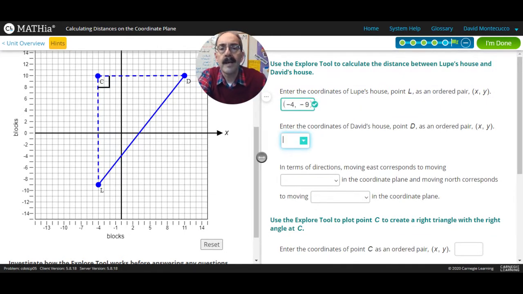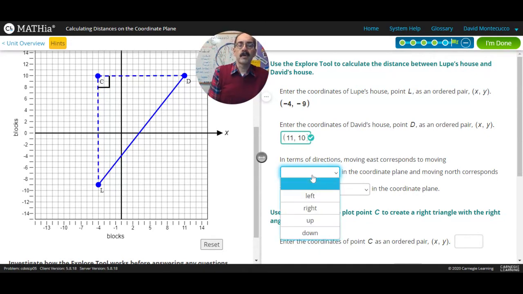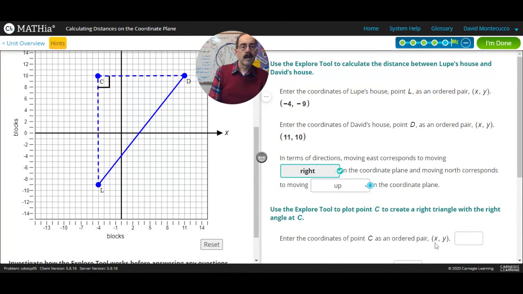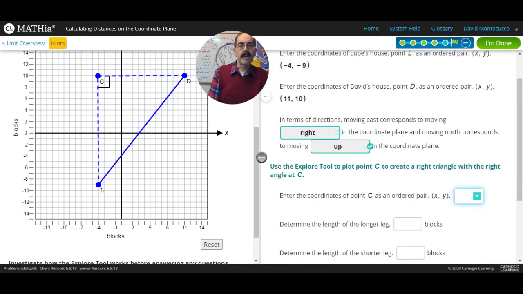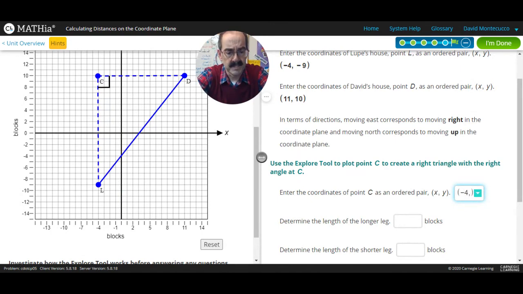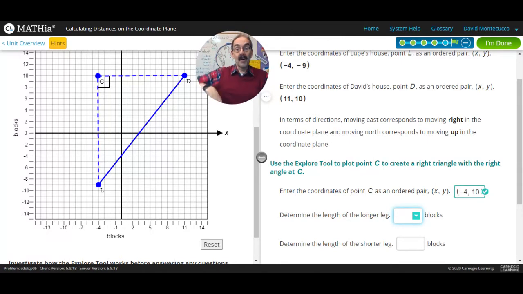And David, hey, I'm a David, is 11, 10. In terms of directions, east is going to be to the right, and we're going to go up. And then to make a right triangle, we ended up with -4, +10. Now let's see if we can do the longer one.